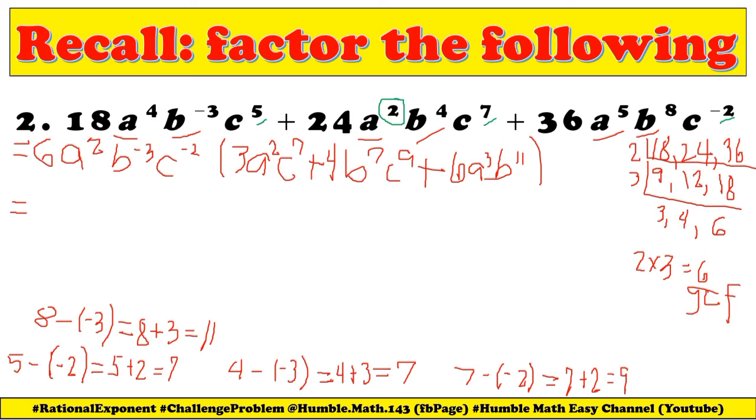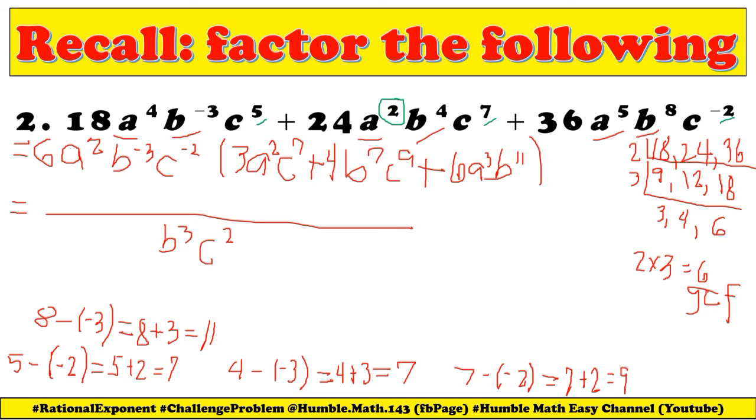As you can see, we have two factors of the given expression having a negative exponent. So we have to bring that one to the denominator part, so b cubed c squared.